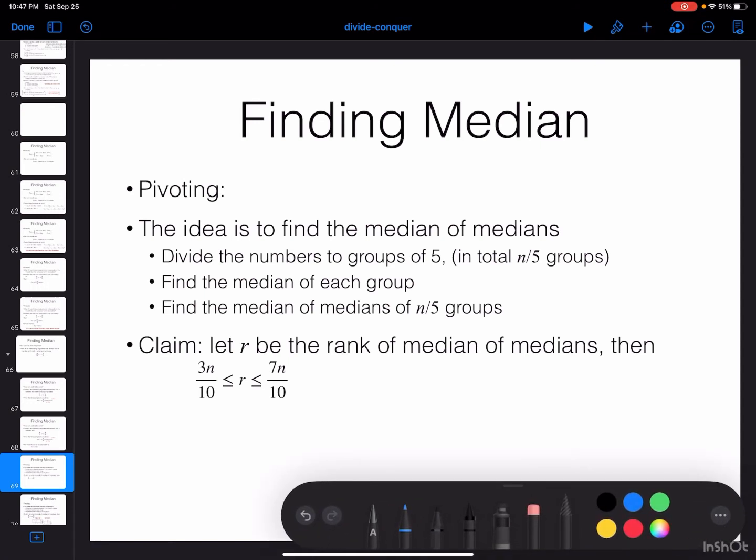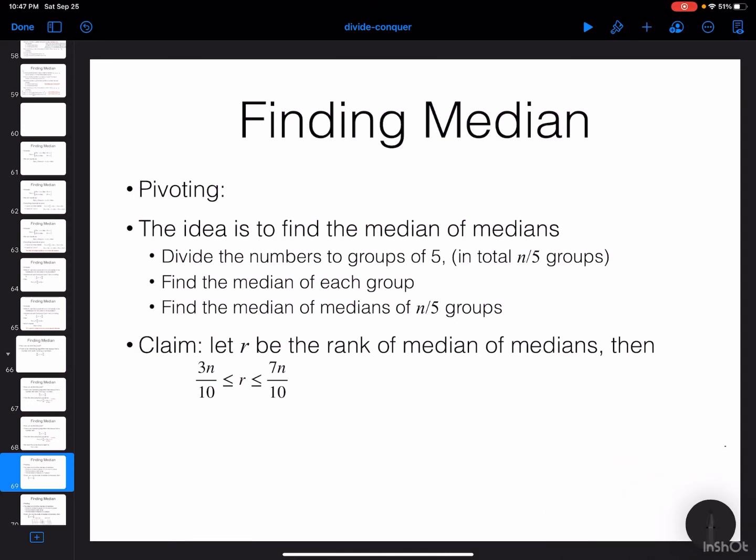In each group you are going to have 5 items. Something like this. And if your n is not divisible by 5, it doesn't matter. The last group can have less than 5 items. Here I'm just assuming that all of the groups are 5.